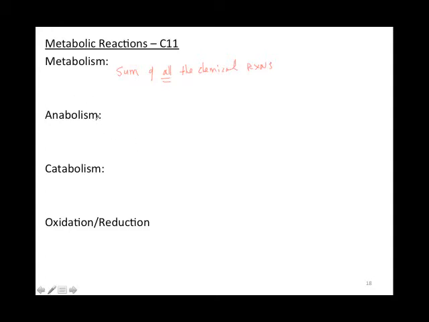And we can define these metabolic reactions according to what specifically is happening. We have anabolism or anabolic reactions. Anabolic reactions are reactions where something is being created. We have catabolic reactions.